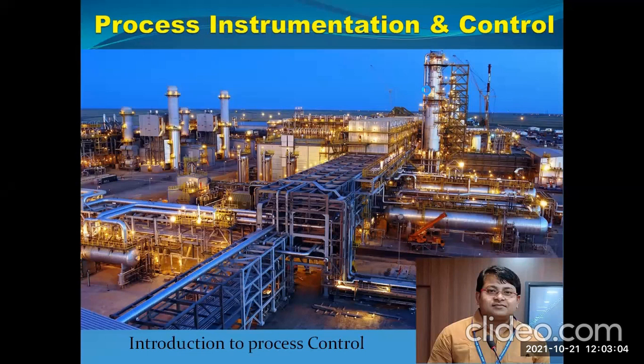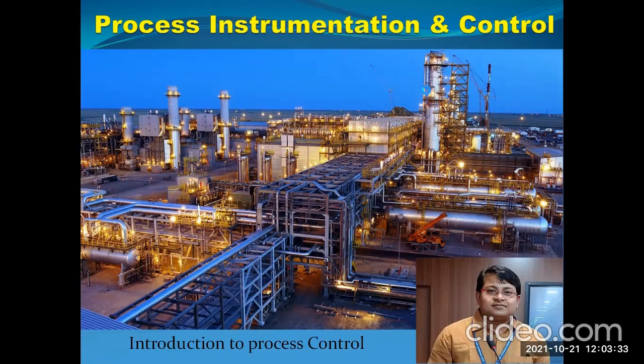You have to control the total operations from a control room and monitor overall, 24 hours, 365 days. It has different parts: a hardware part, and sometimes software-related instruments, software programming. So these are the different parts of the instrumentation and control sections.